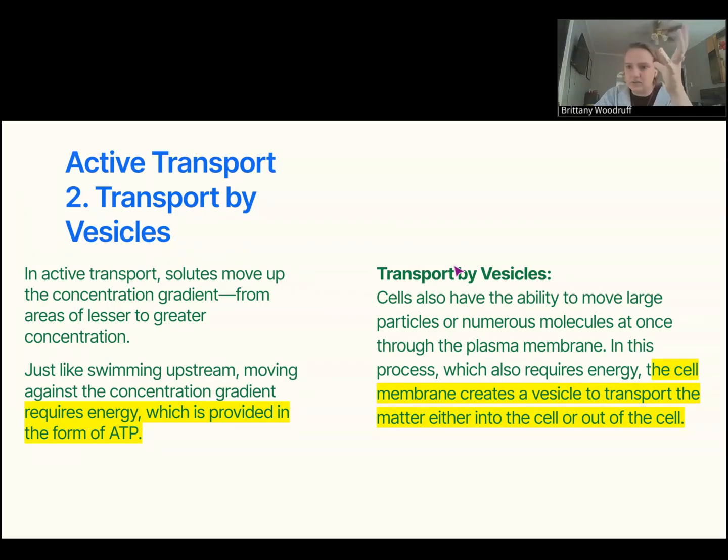We talked about vesicles when we talked about the Golgi apparatus. They're just packages, that's it.